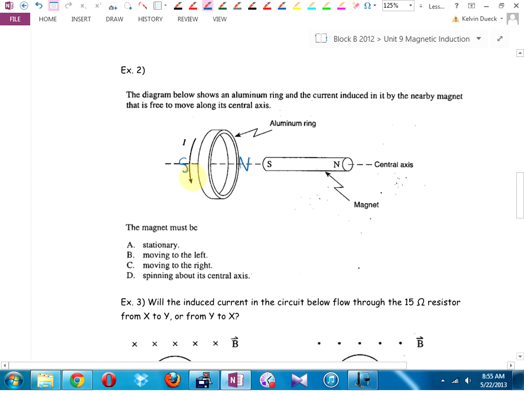So how could you move this bar magnet in such a way that would cause nature to want to put a north pole there? Specifically, look at this south pole. It's moving to the right, because what would oppose a south pole moving to the right? A north pole right there tugging it back. See the reasoning?